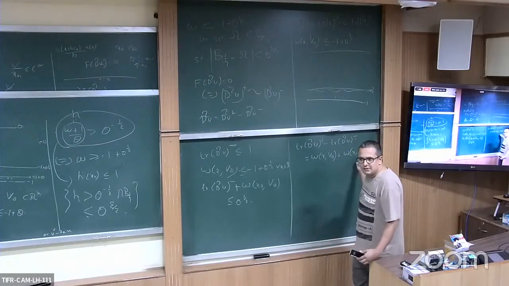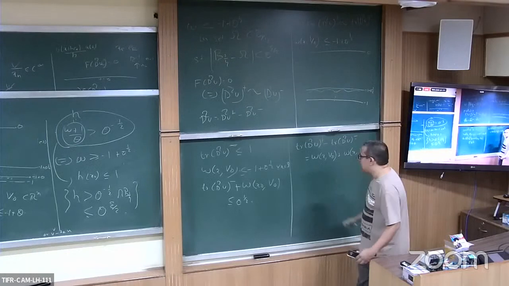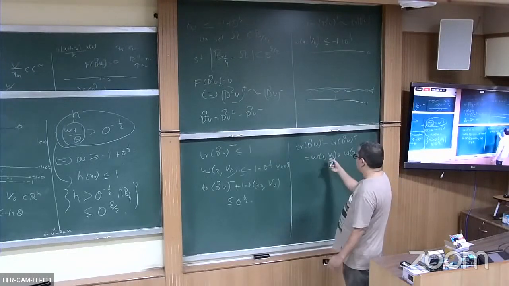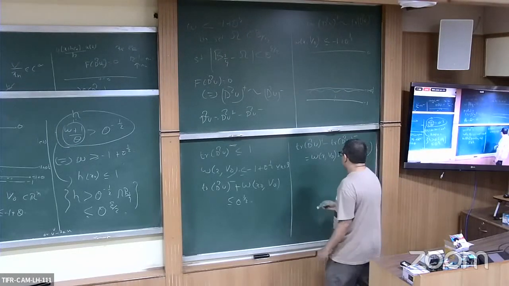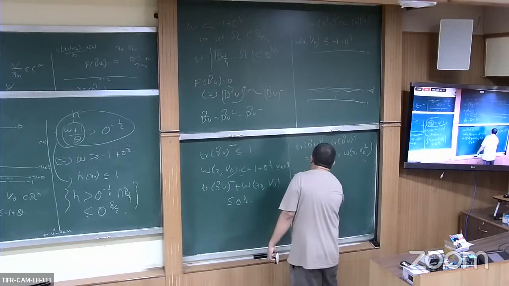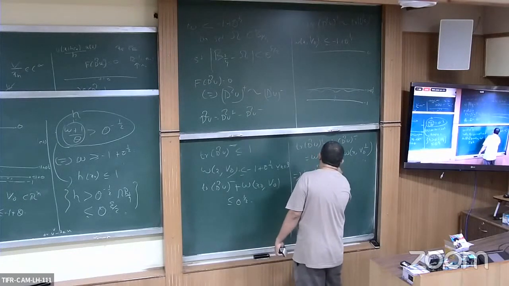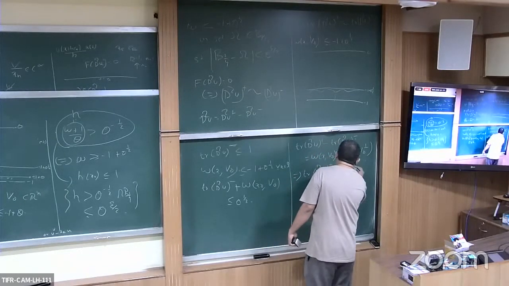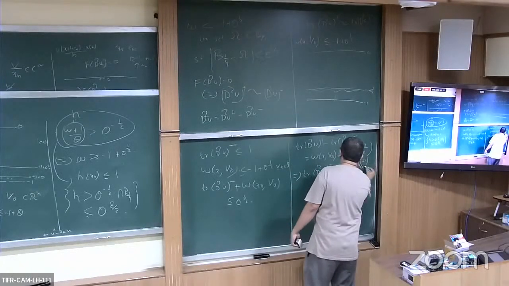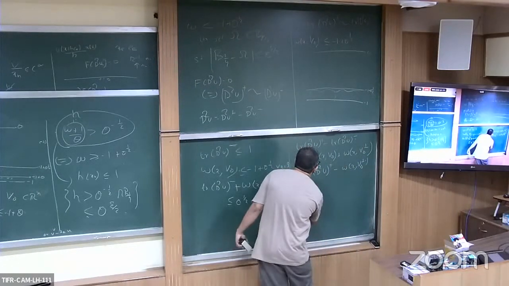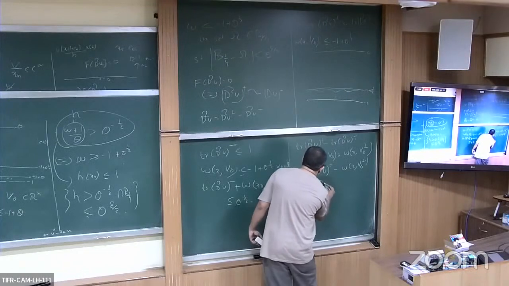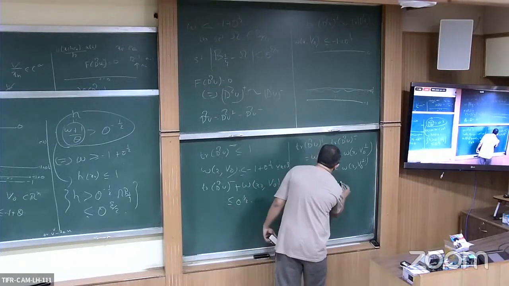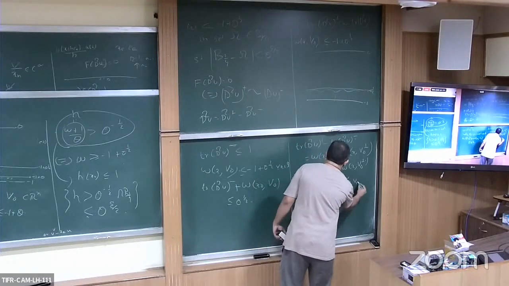And now I want to get an estimate on this term, which is over here. So I now move this term to the other side. Well, I'll just write out what I mean. Trace of D square u plus minus W of x v naught orthogonal complement is equal to trace of D square u minus plus W of x v naught.